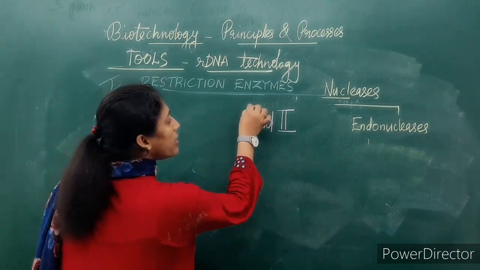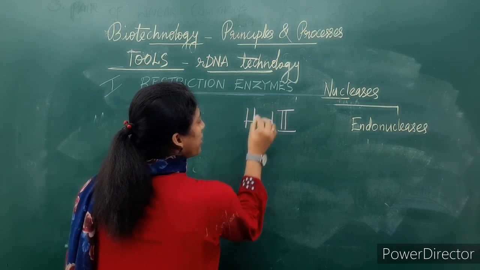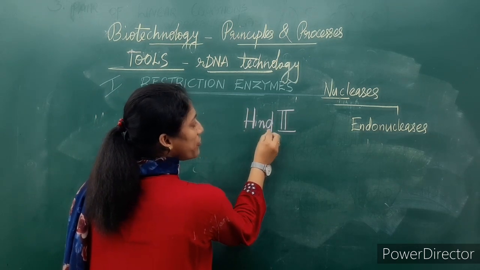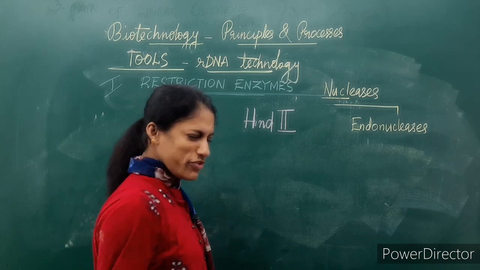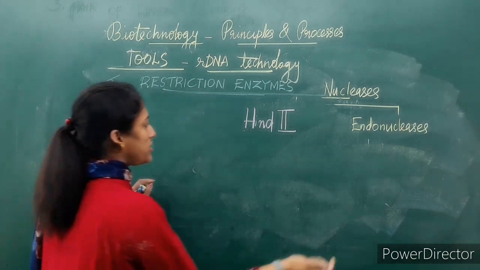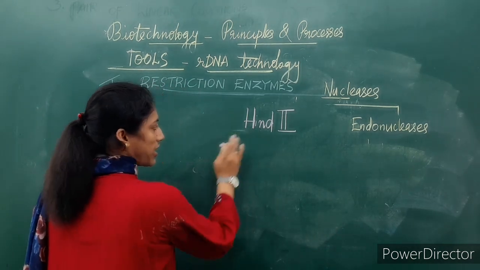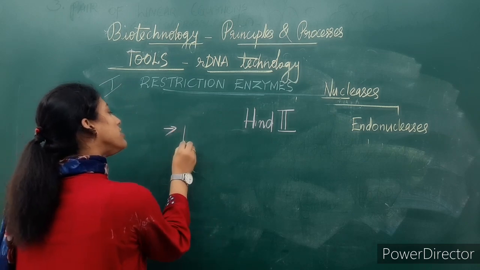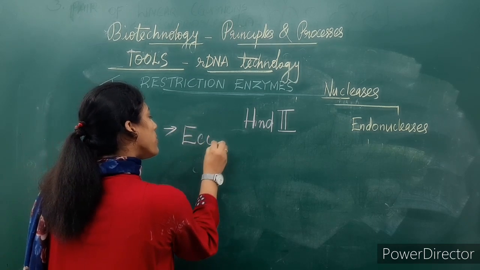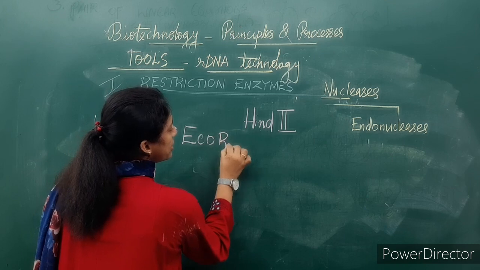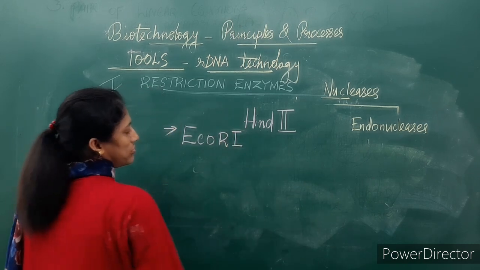This one is from the Haemophilus influenzae Rd strain. We will discuss the naming criteria, and we will base it on the second example. Another important, common example of a restriction enzyme is EcoRI.